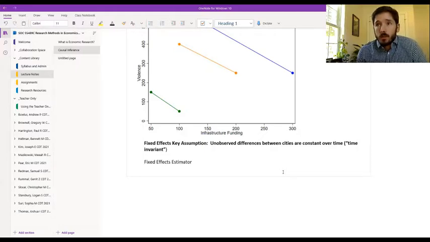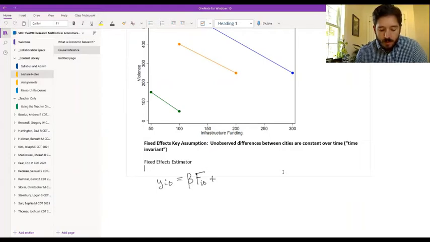So in other words, if we have a very simple model where we've got some outcome y, in this case violence, there's some difference between cities, and we've got some difference in funding with some coefficient beta. So there's some effect of funding.